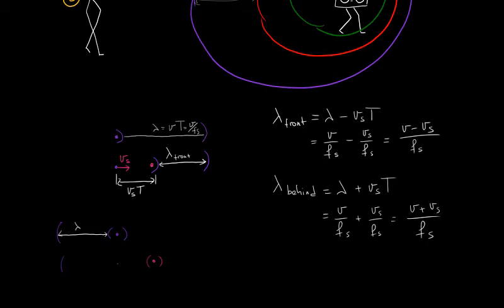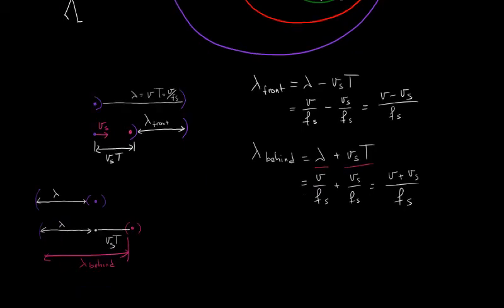Then the source moved from the original point to here, so this would be the distance it travels, v source times t, and then this would be the lambda, and the new wavefront wavelength will be from here to here, and that would be lambda behind. That's how I added lambda behind equals lambda plus v source t.